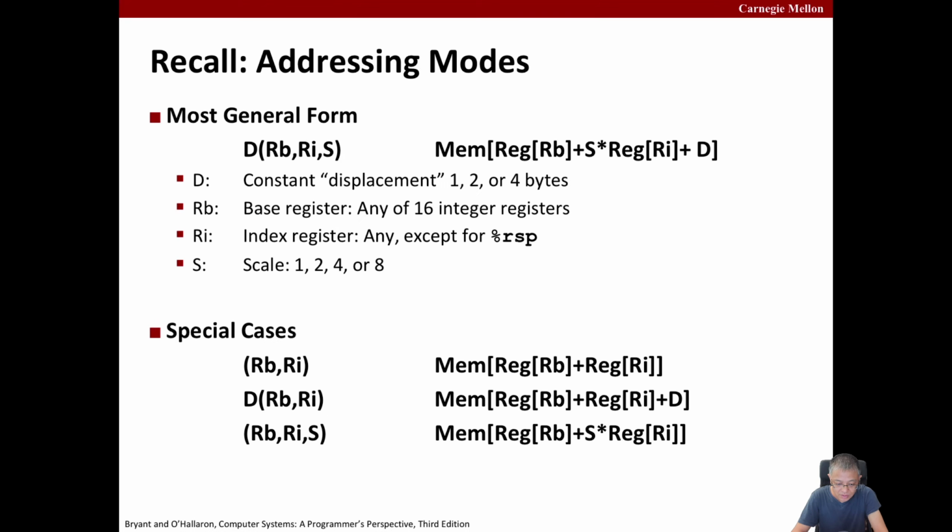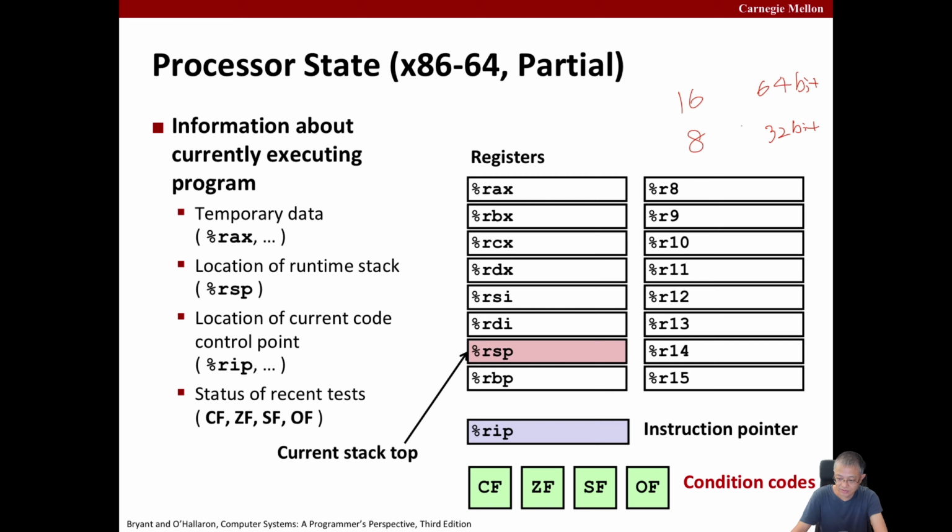For the 32-bit, there are 8 registers. You need to remember our modern computers: modern x86 processors support both 64-bit operation and 32-bit operation. So there is a controlling bit to control which mode to execute the code.